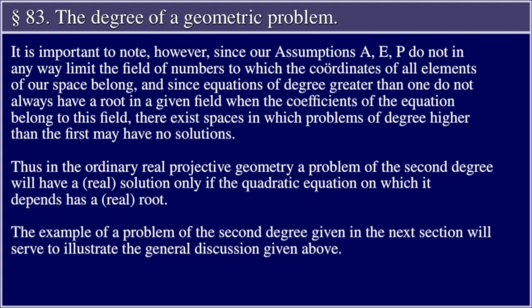Thus, in the ordinary real projective geometry, a problem of the second degree will have a real solution only if the quadratic equation on which it depends has a real root. The example of a problem of the second degree given in the next section will serve to illustrate the general discussion given above.